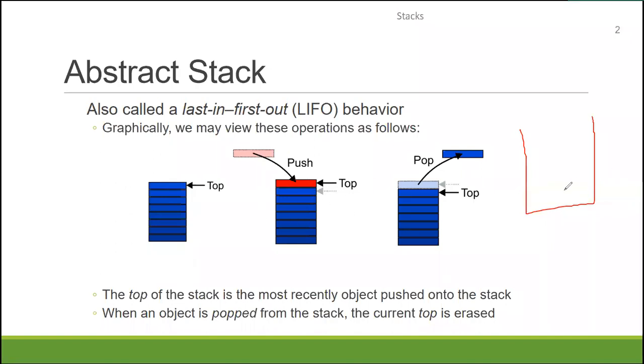What will happen? Again, if you keep 1 plate, it will be here. If you keep 2 plates, the second one will be at the top. If you keep 3 plates, the third one will be at the top. The main thing is, whenever we are adding items into the stack, the last item added will be at the top of the basket or top of the list. That is what you have to remember.